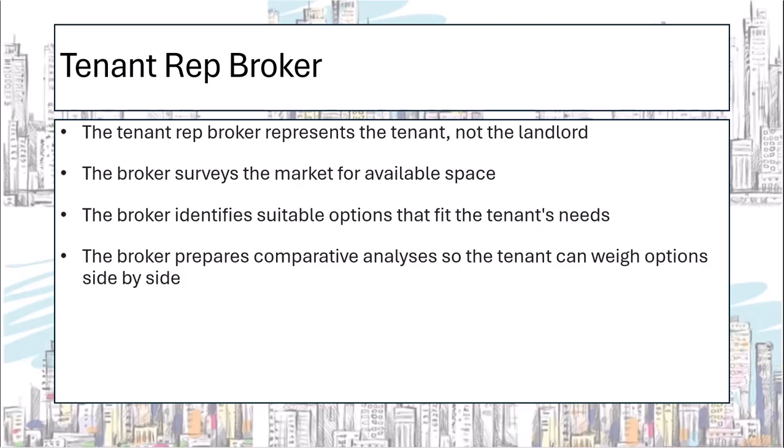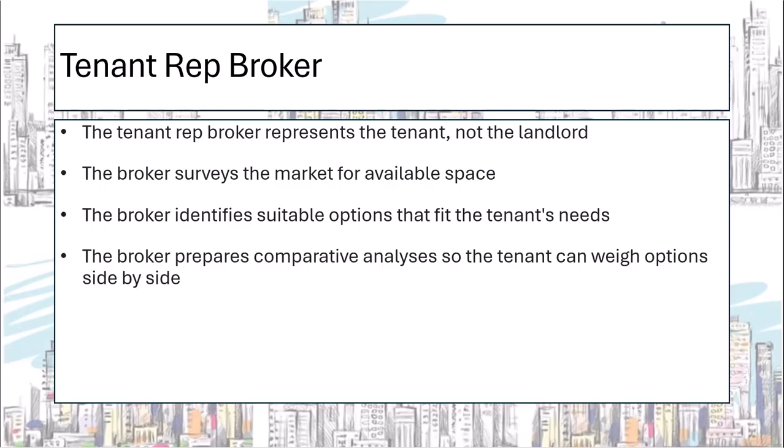The tenant representation broker, often called the tenant rep broker or just the tenant rep, represents the business or individual seeking to lease space. The broker does not represent the landlord, even though the broker may communicate regularly with several property owners and landlord brokers. The process usually begins with an assessment of the tenant's needs.